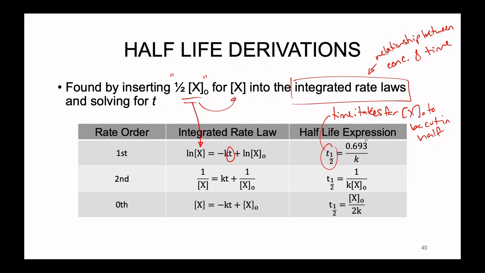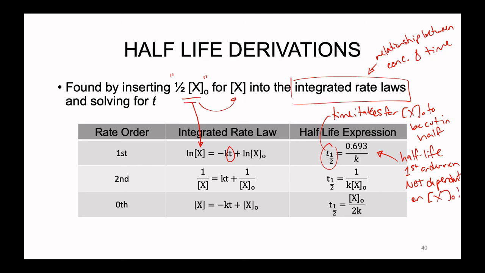Now the 0.693 just comes about from how our math ends up working out as we rearrange and solve for our t 1/2. But what's really awesome about the first order half-life expression is that the half-life of a first order reaction is not dependent on your initial concentration of x.